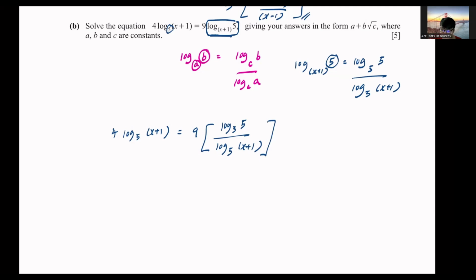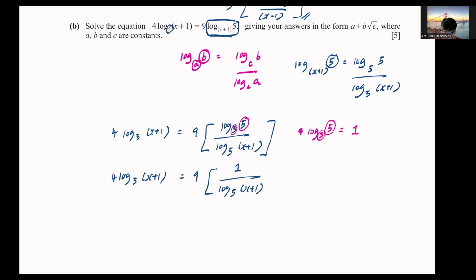When the base and index are the same, you always end up with 1. That's a rule for special logarithms as well. So write it down: 4 log base 5 of (x plus 1) is equal to 9 times 1 over log base 5 of (x plus 1).